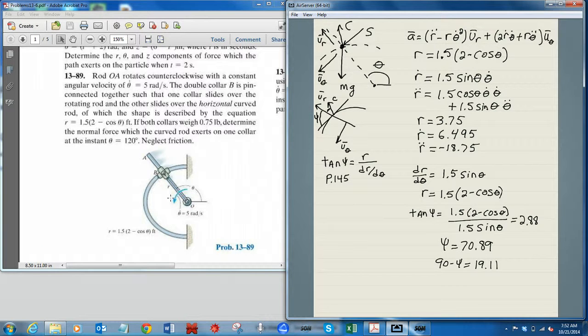Okay, so now that I have all of these angles, I'm going to come back up here, find a little bit of room, and I'm going to sum the forces in the UR direction and in the U theta direction as well. So when I do, I'm looking at my free body.